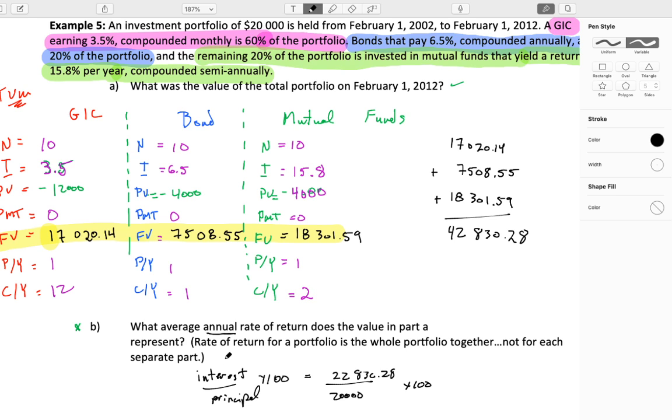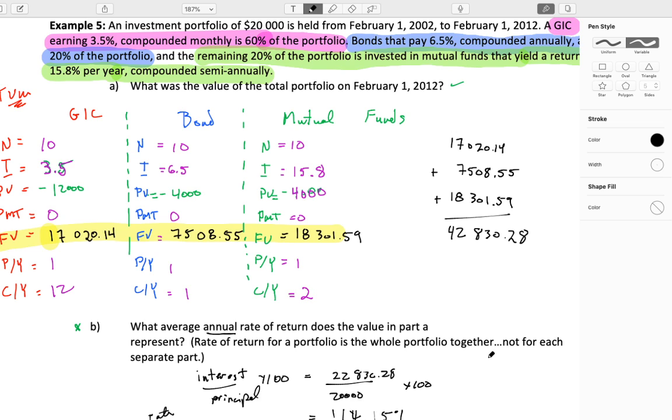If I look at my calculator, I have $42,000 in there, so I'm going to subtract $20,000. Anyways, my rate of return over the 10 years is 114.15%.